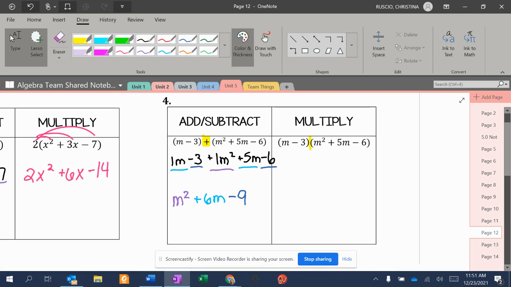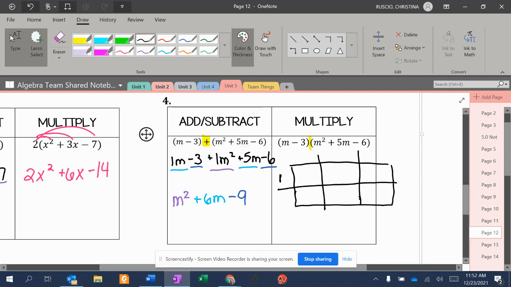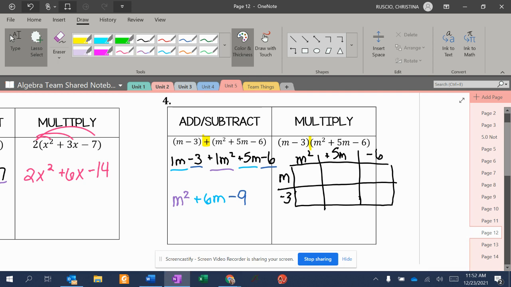Okay. Now, when we multiply, when there's no sign in there, we have to use that box method to help us. We don't have a lot of space, so I'm just going to kind of go a little longer. But we've practiced this last time, so I'm going to write the m minus 3 over here. M squared plus 5m minus 6. And let's go crazy multiplying.